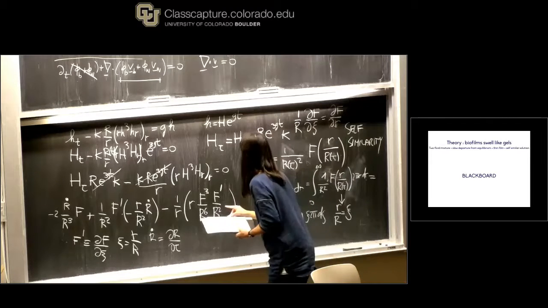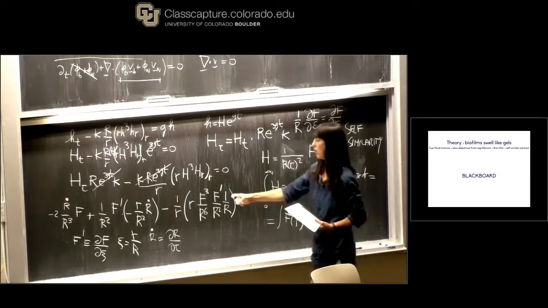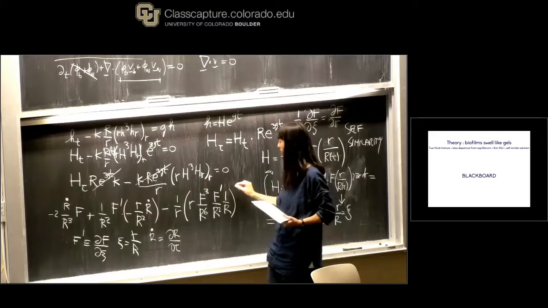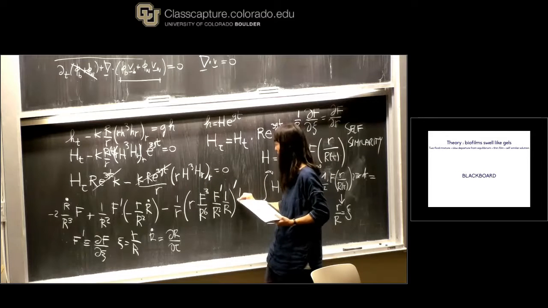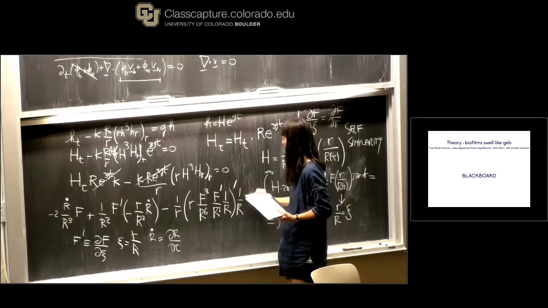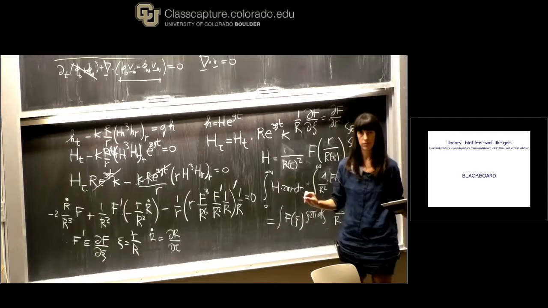Okay. So I get 1 over r from here. And now I have another derivative with respect to r here. So this will be another prime, but I need to put another big R here. Okay? Good.